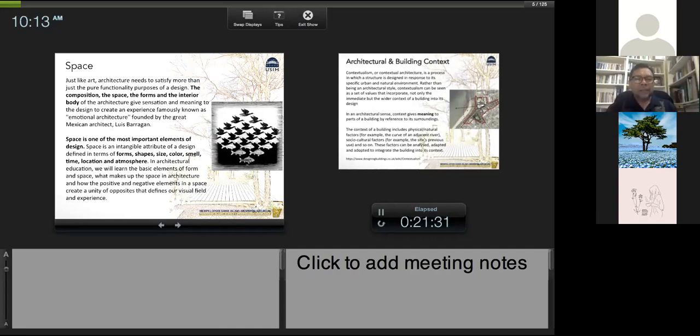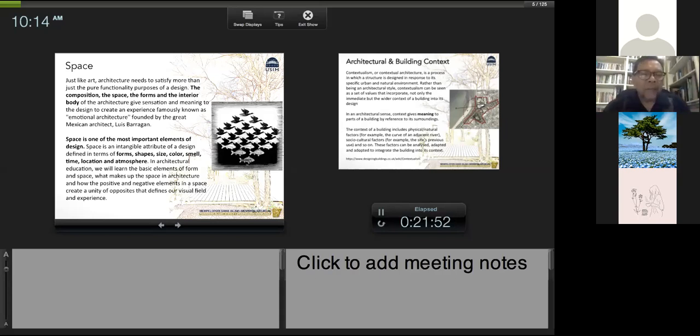When we talk about atmosphere, a lot of elements get involved: view, lighting, is it natural lighting, and then airflow. So things like that are the composition of the space that you are going to create as a building.